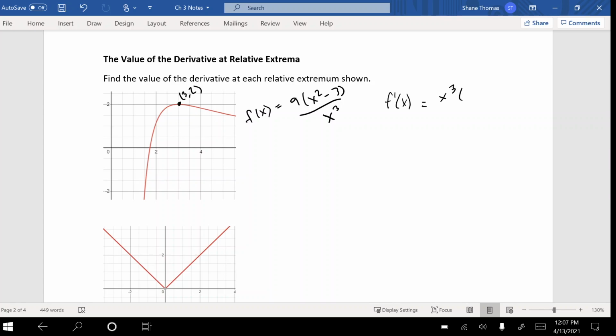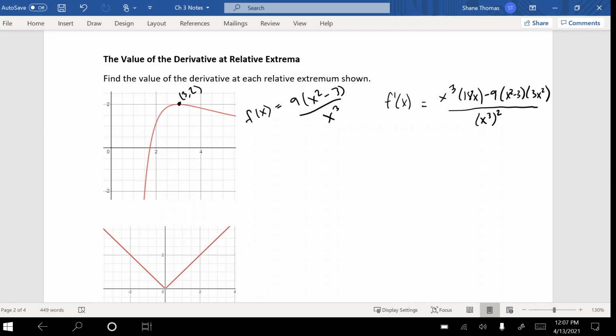It's x to the third times 18x minus (9x squared minus 3) times 3x squared. That would be the quotient rule and u substitution. That's all going to be over (x to the third) squared. So low d high minus high d low, over the square of what's below. I got that. And like I said, the top was u substitution.